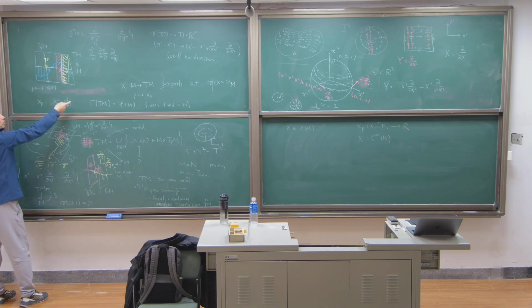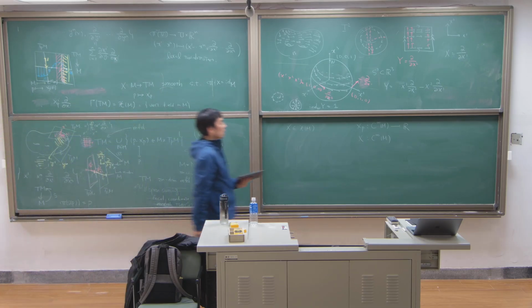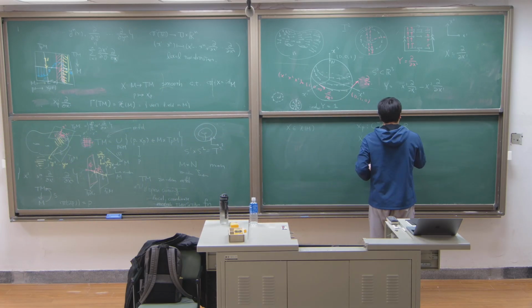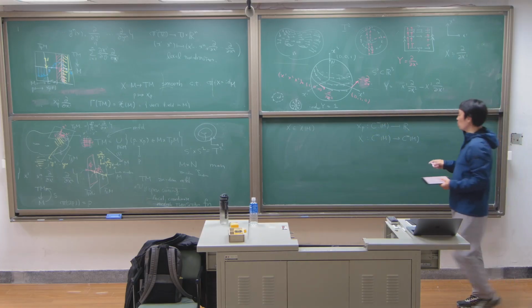This will give you a function. This will map a function on the manifold to a function on M. If you change the point p, you get a different number, and at the end of the day you get the function over there. So therefore, the vector field is C infinity to C infinity. It's smooth.